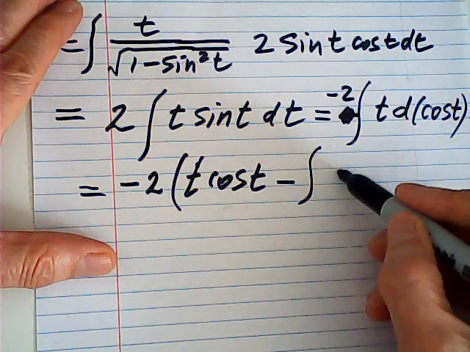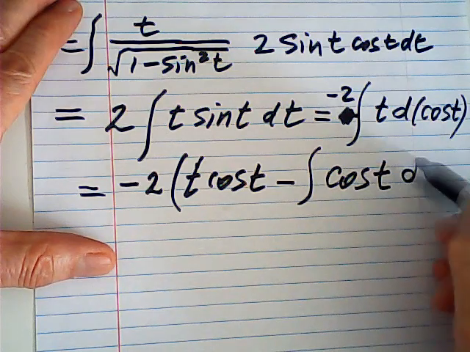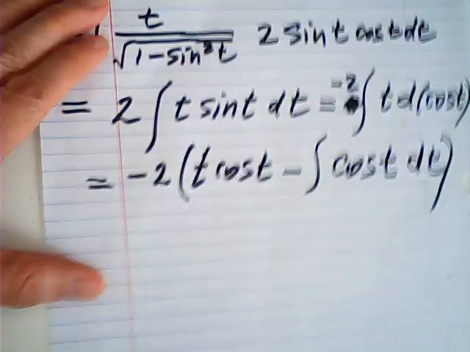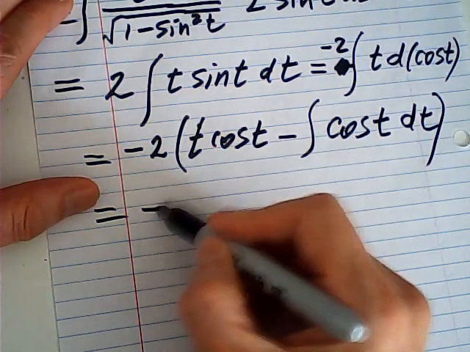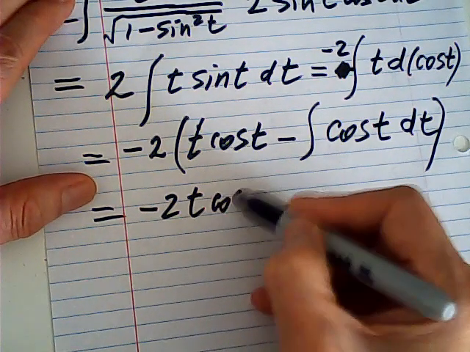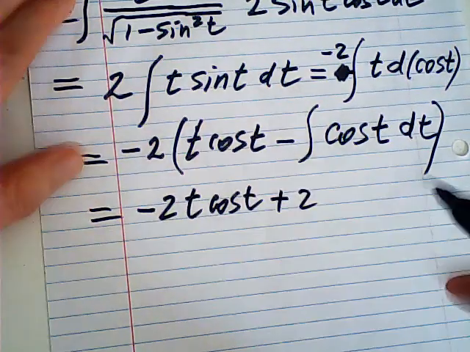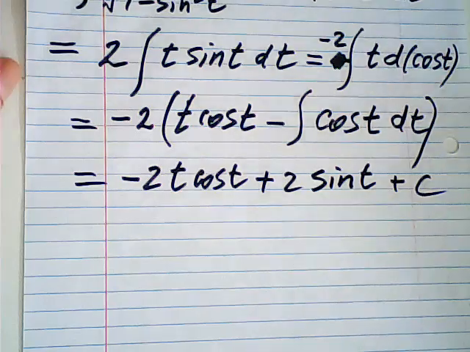This is v, right? This is du dt. So this integral is very easy. It is equal to negative t cosine t plus 2 sine t, right? Let's see.